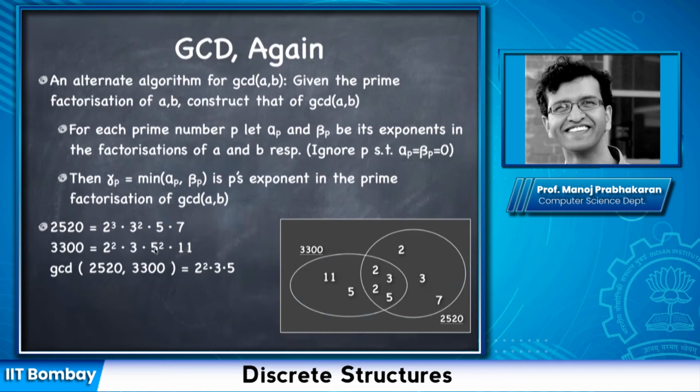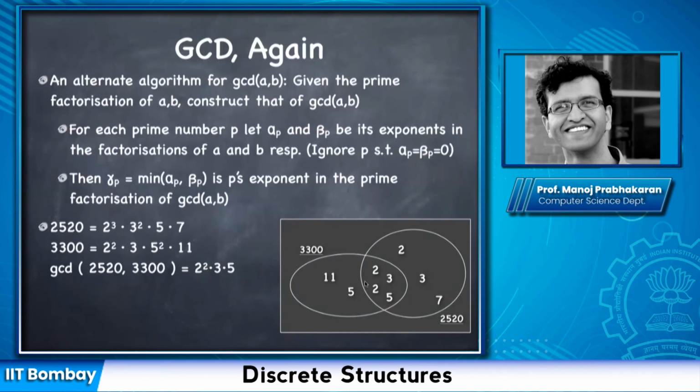For 5, the smaller exponent is 1. For 7, the smaller exponent is 0. It doesn't occur in one of them. And similarly for 11, the smaller exponent is 0. It doesn't occur in the other number. So 7 and 11 don't show up in the GCD's prime factorization. And that's it. That's the GCD, right? This number here, 60, would be the GCD.